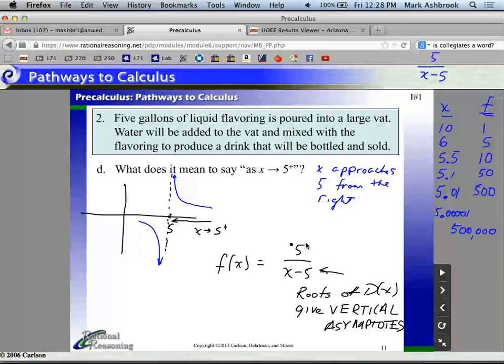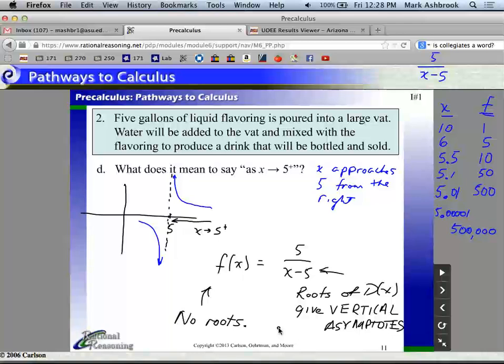There's no x value that can change that 5 into a 0, and that's what the roots are of a rational function: values of x that make the numerator 0. So f of x has no roots. Which means that the graph is never going to touch or cross the x-axis. Okay, so this has no roots. We have a vertical asymptote at 5.